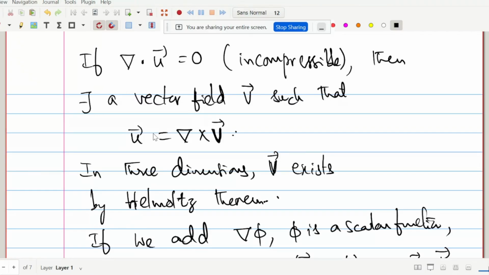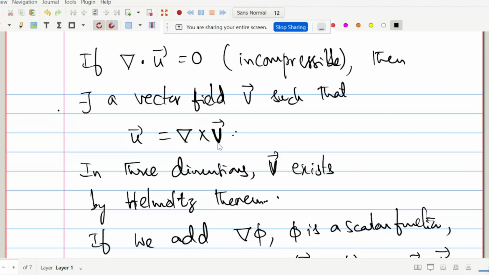So U is always perpendicular to del cross U. Similarly, in 2 dimensions, del cross V is perpendicular to U. So del cross U itself is U, and U is actually perpendicular to V. Okay, can you see that one?